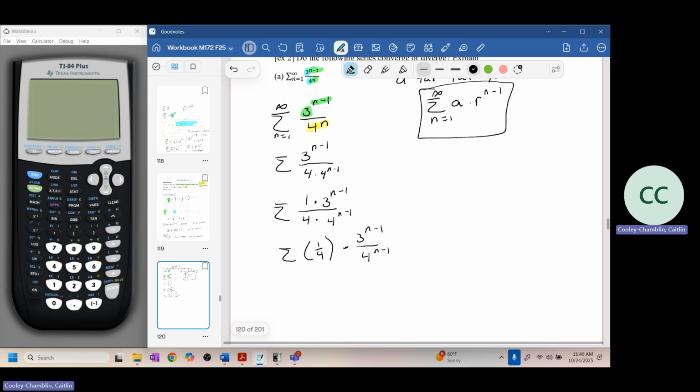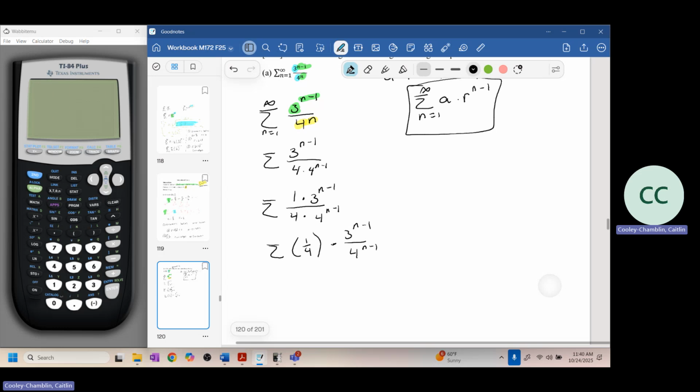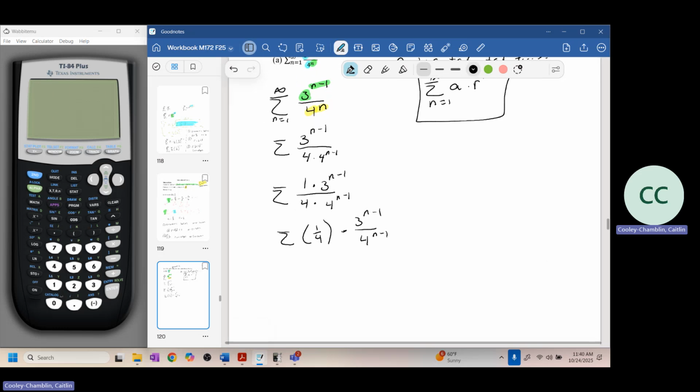I am not quite sure where everyone is in the class because it's an online class. So I am showing a ridiculous amount of steps just so hopefully I catch everybody in this process. So we have the summation of 1/4, 3 over 4 to the n minus 1.